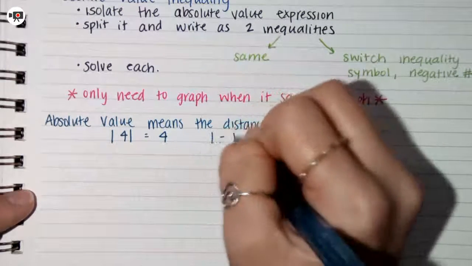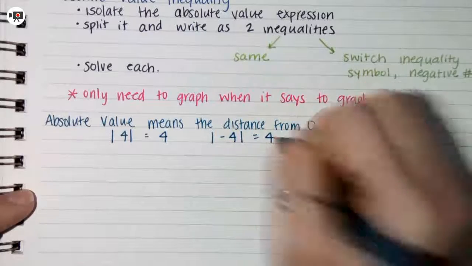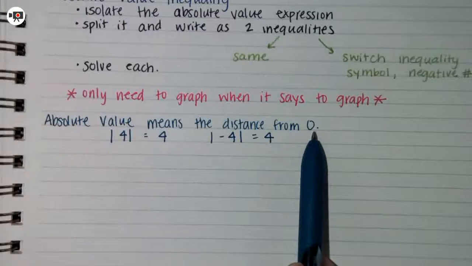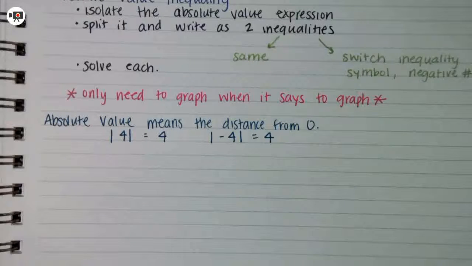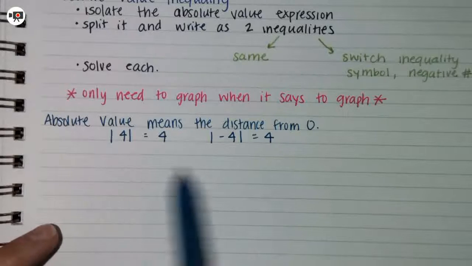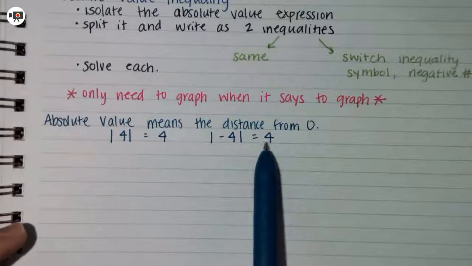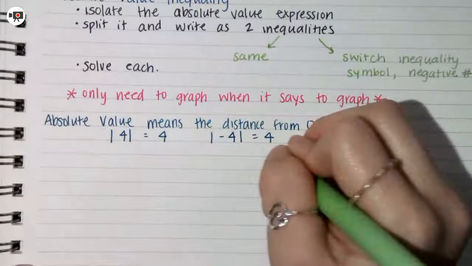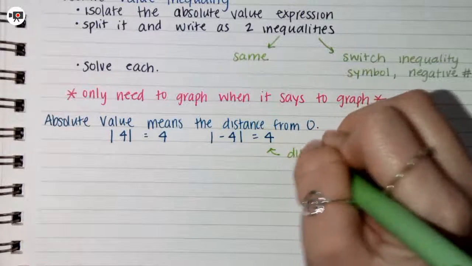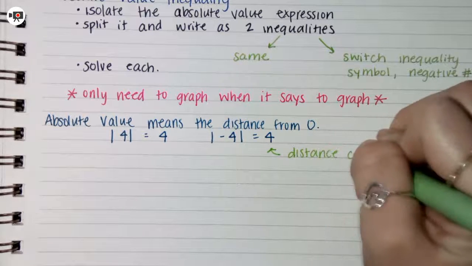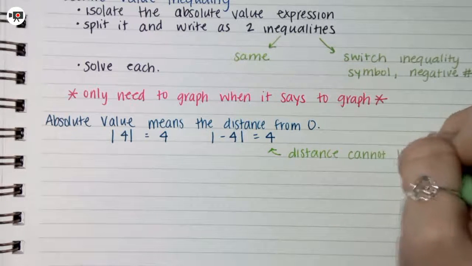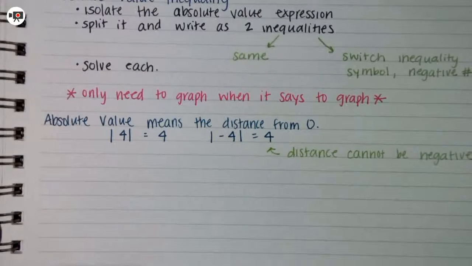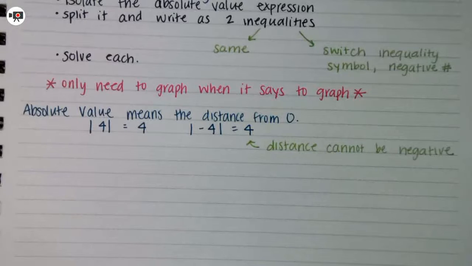The absolute value of negative 4 is 4. They are each 4 units away from 0. This means your distance cannot be negative. So it cannot be negative.